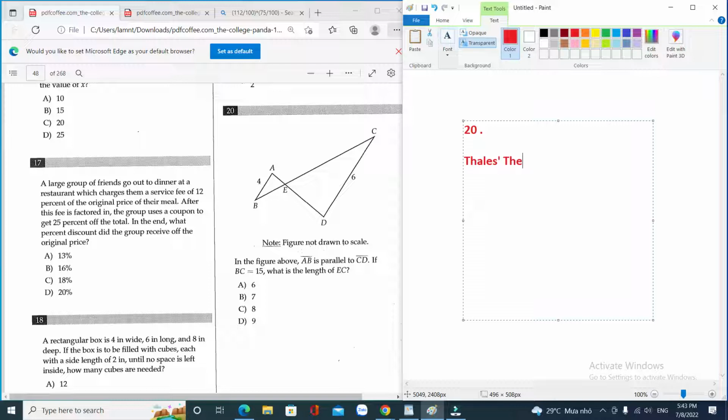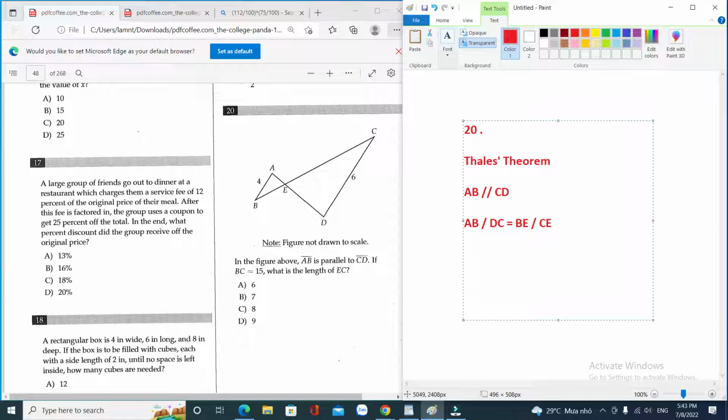Because AB is parallel to CD, we have the ratio AB over DC, taking the corresponding points, equal to BE over CE.